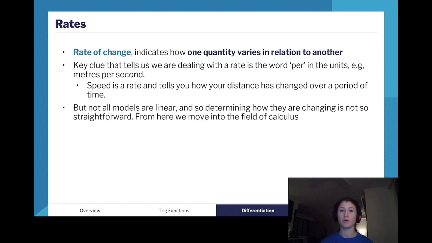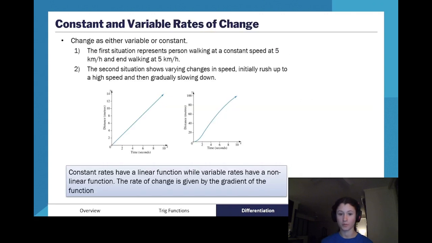However, not all models are linear, and so determining how they are changing is not so straightforward. And from here, we actually have to move into the field of calculus, which is a lot of what Year 11 and Year 12 is on. So, as an example here, we have a constant rate of change measured here, because for every few seconds that we jump across, distance is changing by the same amount, right?